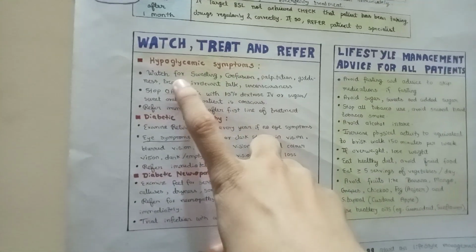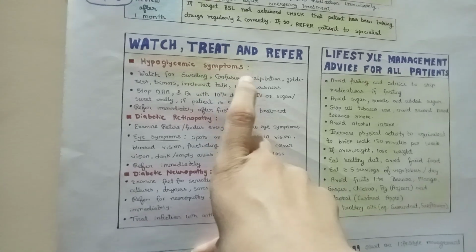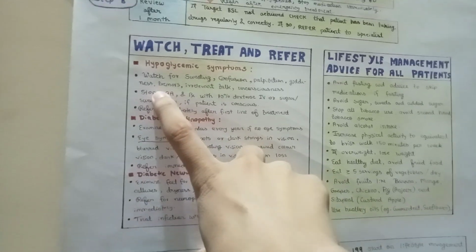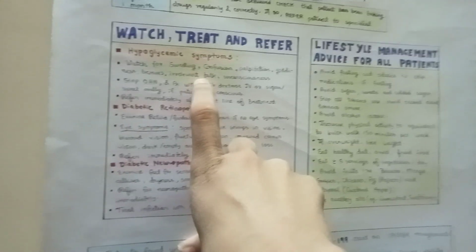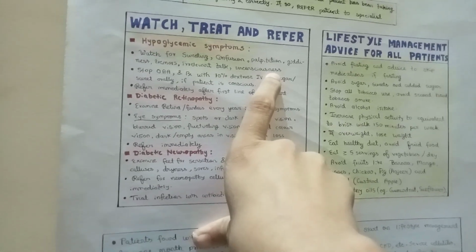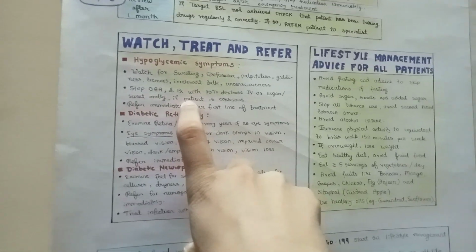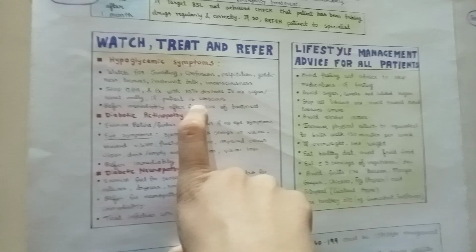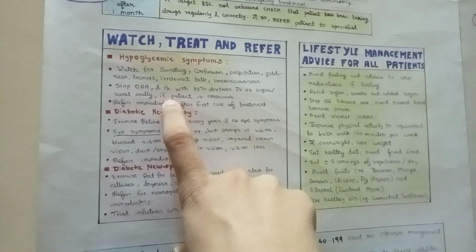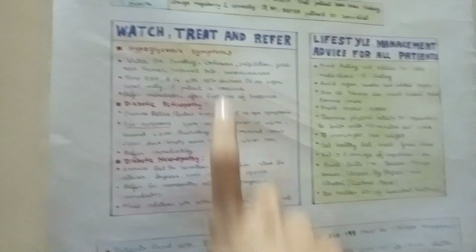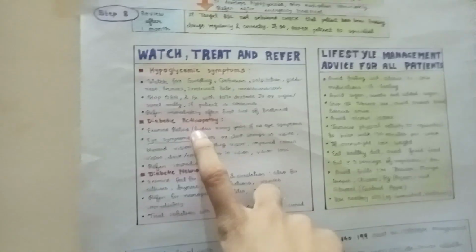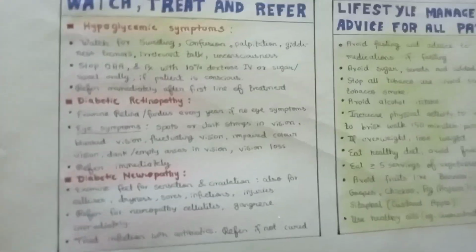In hypoglycemic symptoms, watch for sweating, confusion, palpitation related to CVS, giddiness, tremors, irrelevant talk and unconsciousness, or we can say coma, and start treatment with 10% dextrose IV, meaning intravenously, or sugars orally if the patient is conscious. Then refer for treatment.